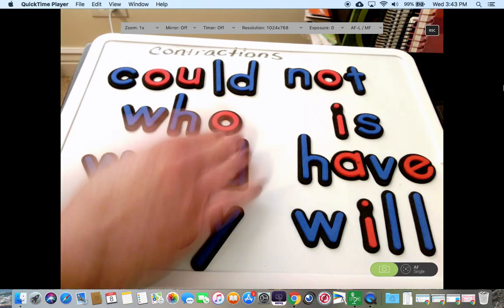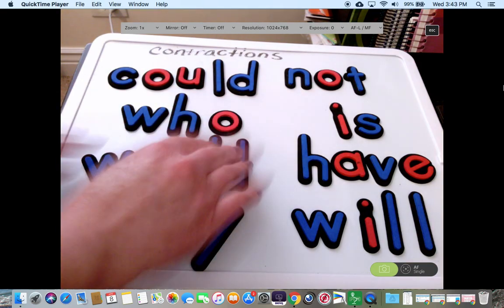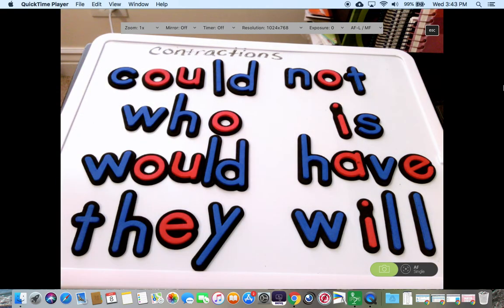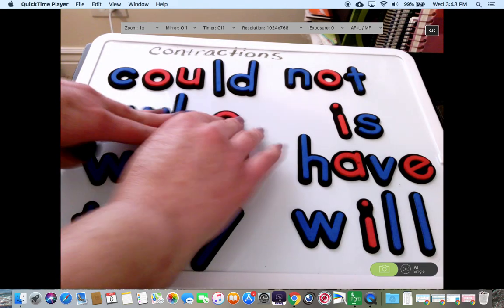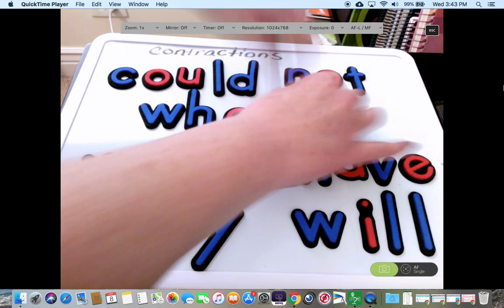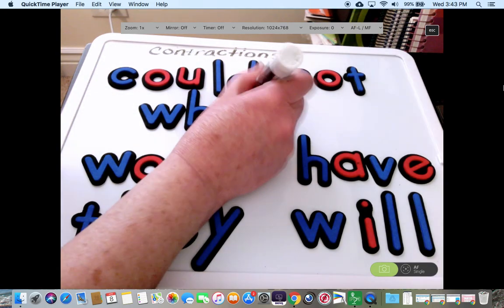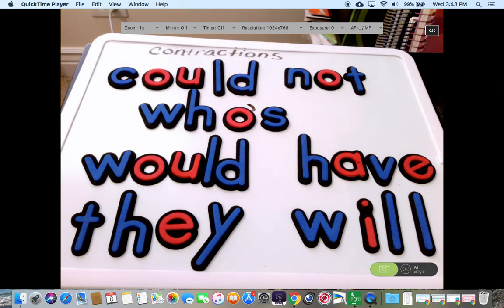So let's take a look at contractions now with the word is. If I had a sentence like, who is that girl over there? I could shorten it to who, take out the I, move over the S. Who's that girl over there?